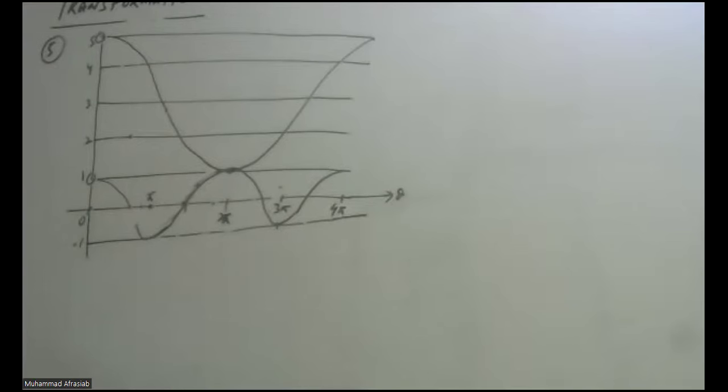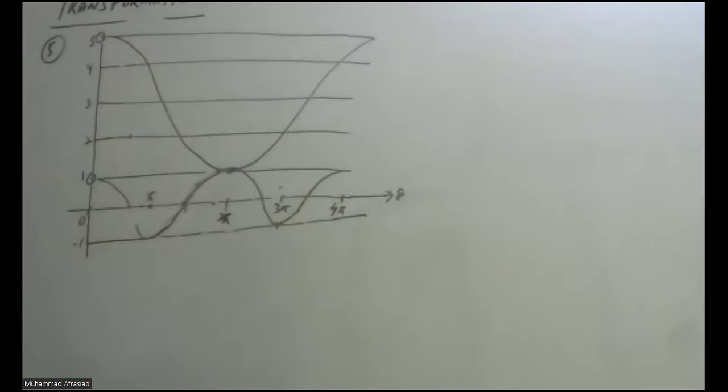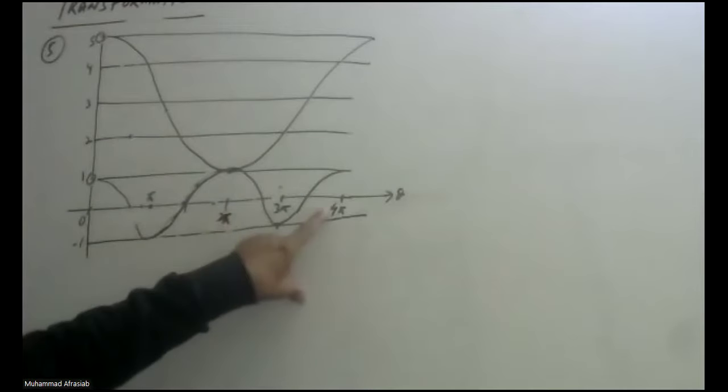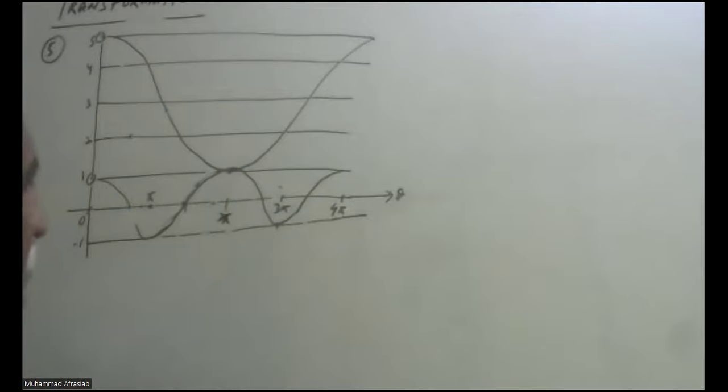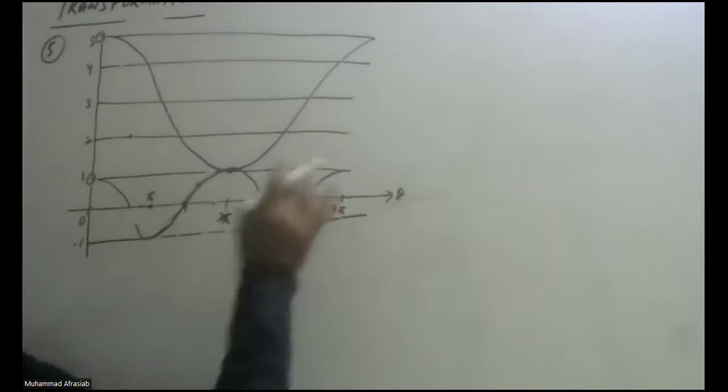We have seen in this problem that the lower curve is going to make one cycle up till 2 pi, and again it is going to make one cycle up till 2 pi. That means the lower function has two cycles in 0 to 4 pi, whereas the upper curve is going to make one cycle from 0 to 4 pi.